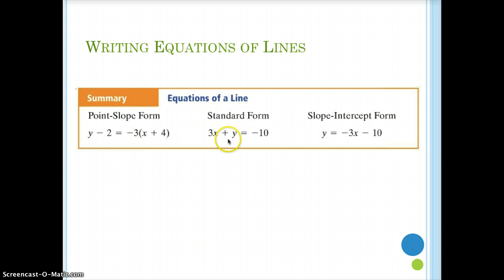Now this particular standard form, the way it's written, if we were to graph this line, it would be easiest in this case to solve for y by subtracting 3x from both sides and graphing in slope-intercept form. So we can kind of see how it's easy to relate one to the other.